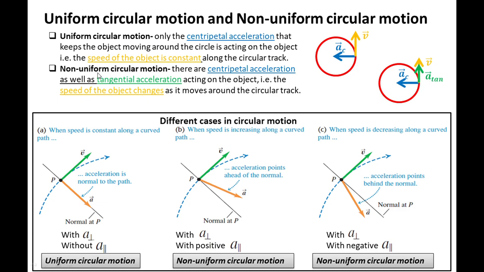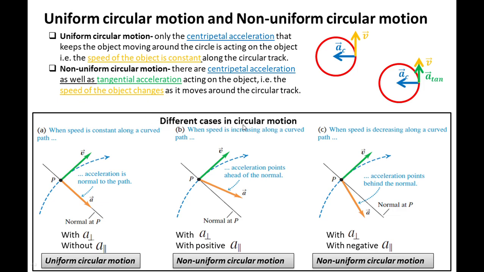In other words, the speed of the object is changing while it is moving around a circular track.